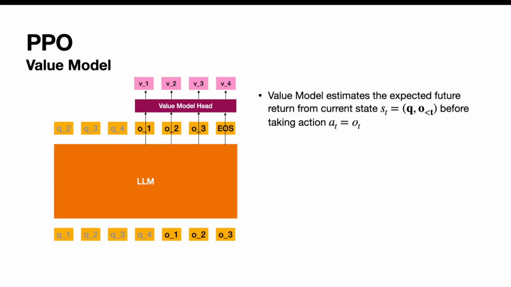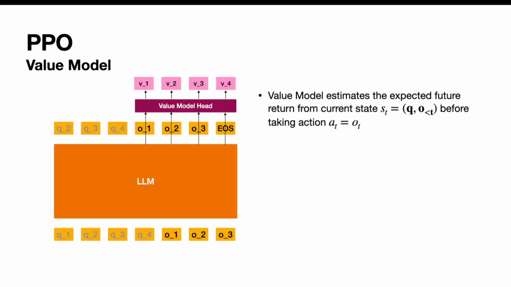Architecturally, we can think of the value model as an LLM backbone with a value head on top. This value head predicts a scalar value for each generated token position. In practice, this does not always mean we train a completely separate model just for value prediction.